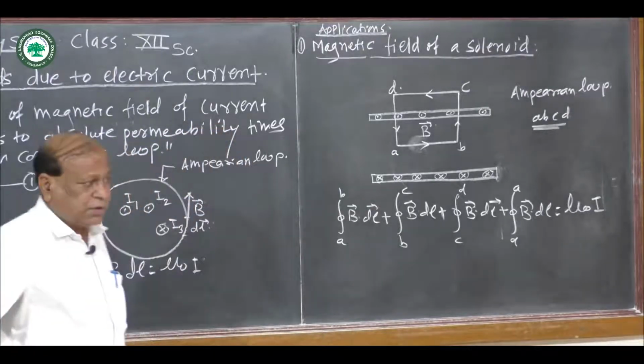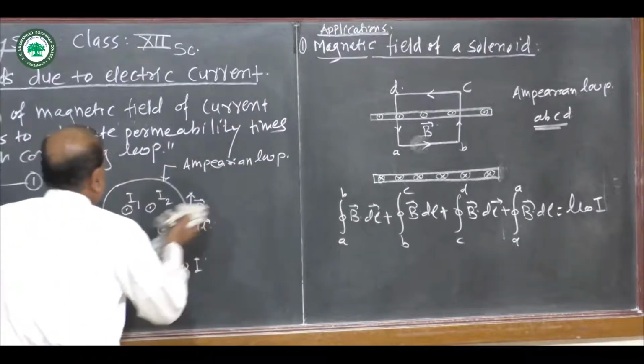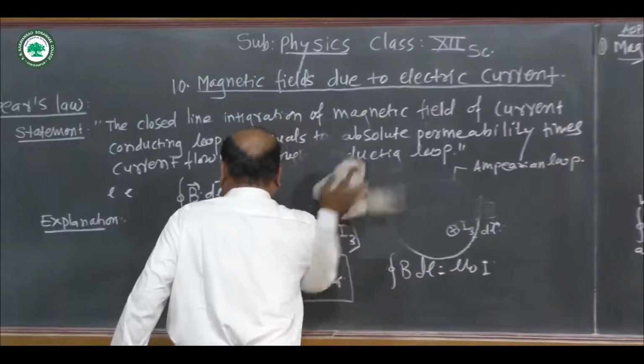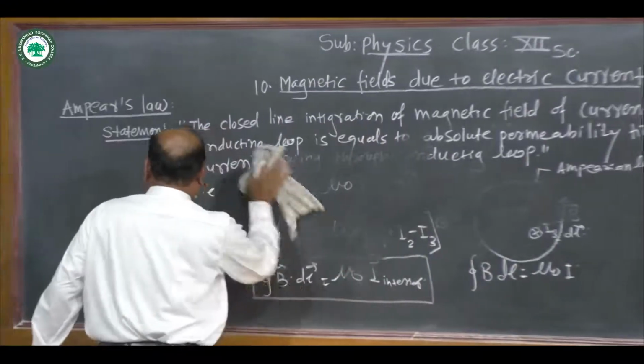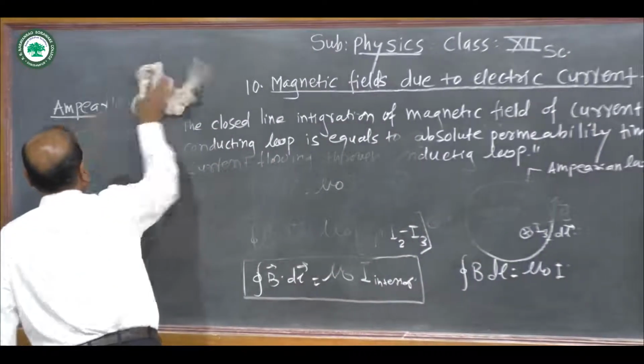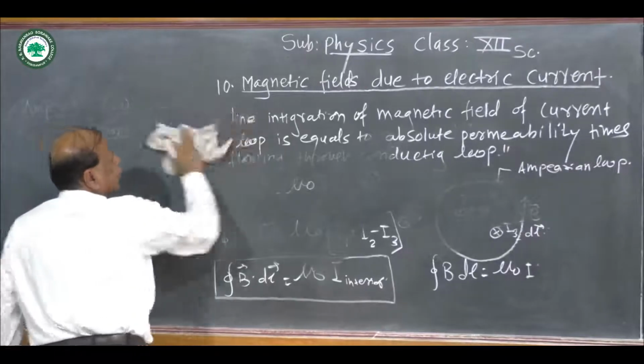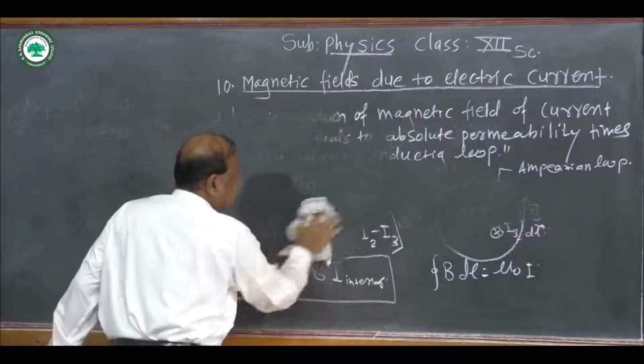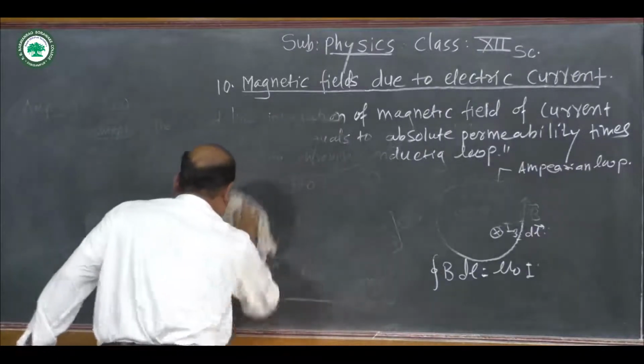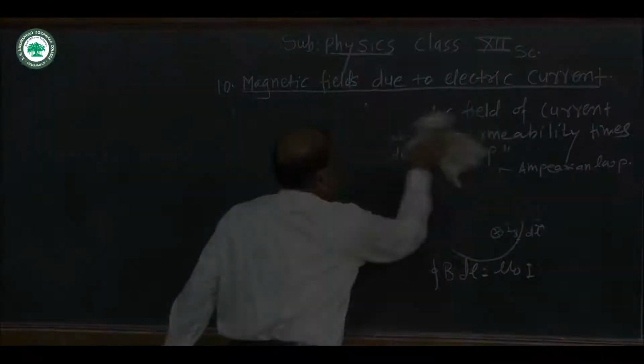Now we explain in detail the Amperian loop of a solenoid.